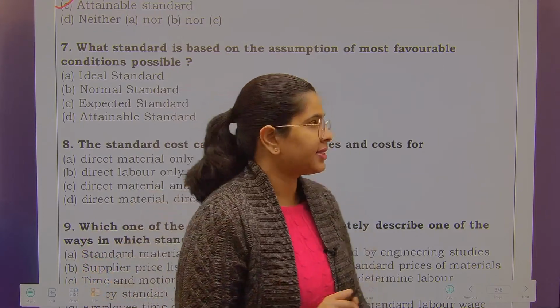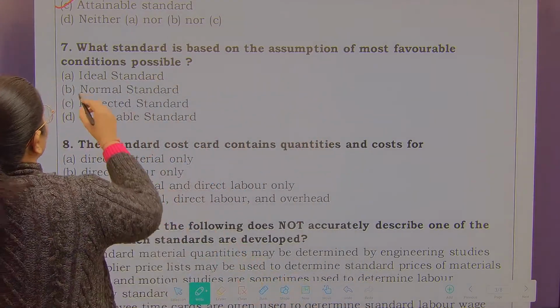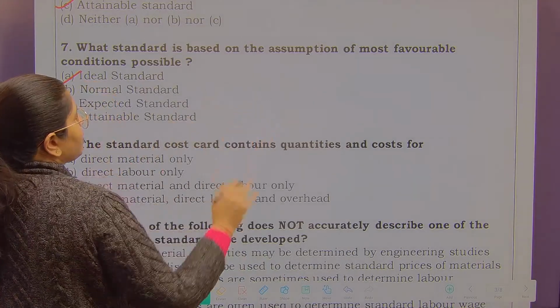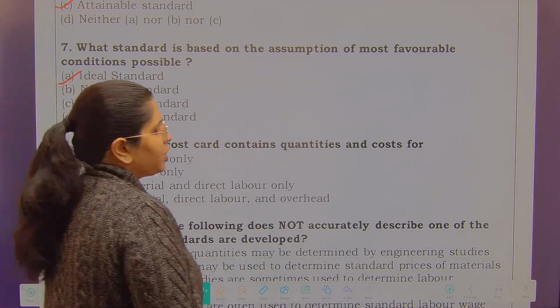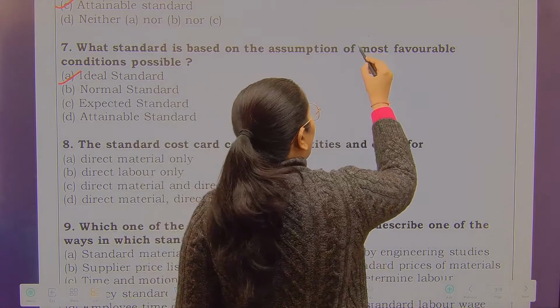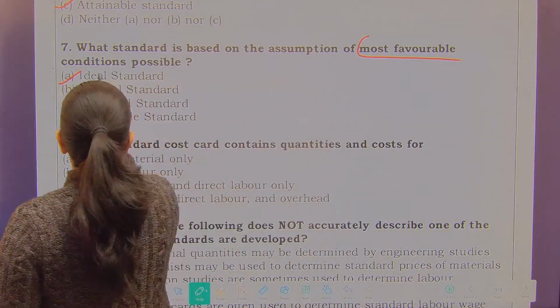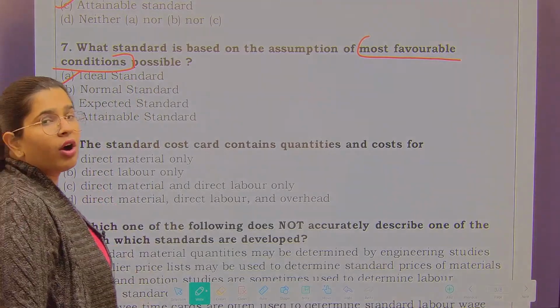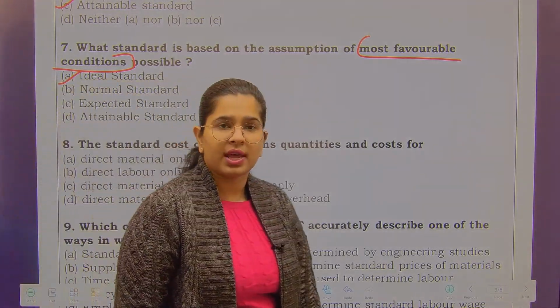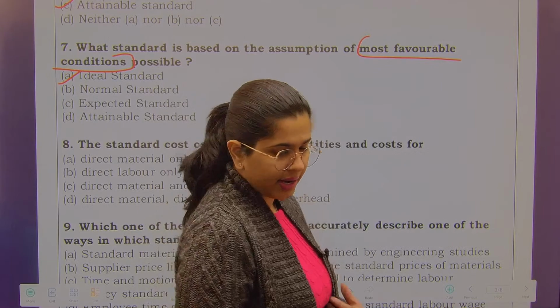So this is known as the ideal standard. When nothing bad is happening, you can perform the work at the 100% level of efficiency, that is known as the ideal standard, right?